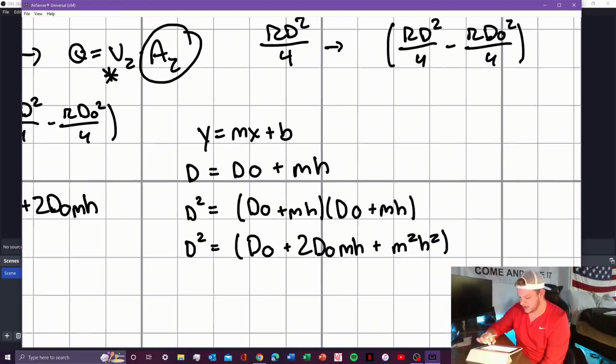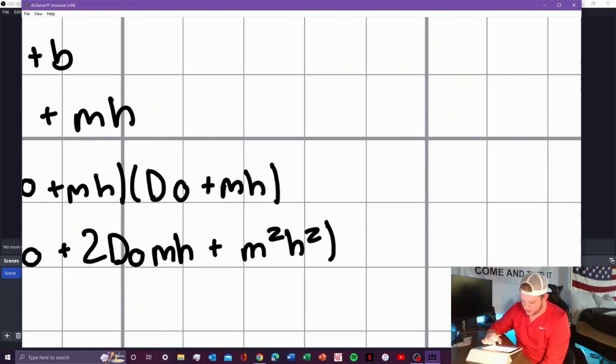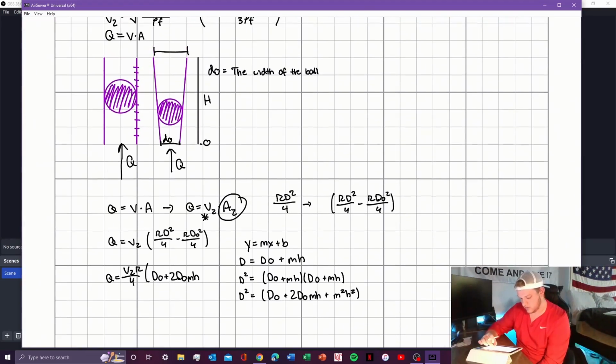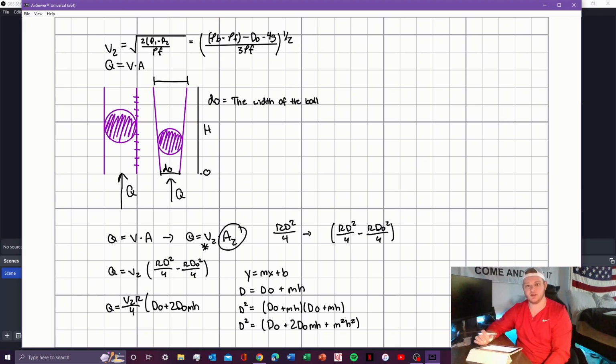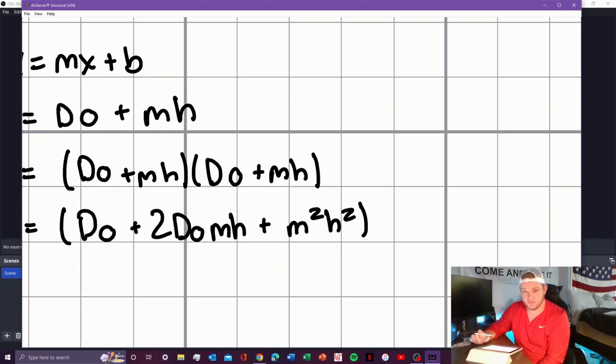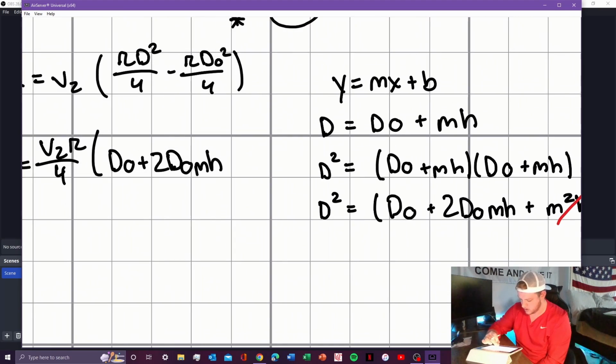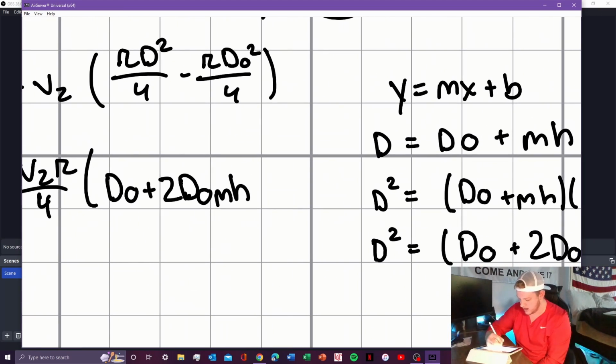And we're just going to take care of this now. We know that m is small because the slope of the taper is very, very small. So m squared would be an even smaller number, very close to 0. So we can just go ahead and assume that that is 0. So we can take that out. So we're not going to include that. And then this is going to be minus D naught squared.